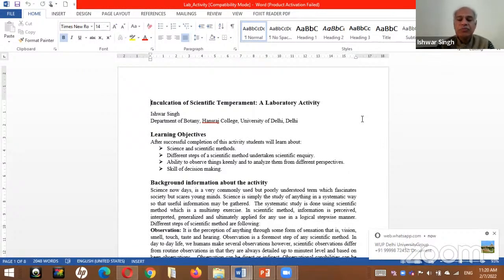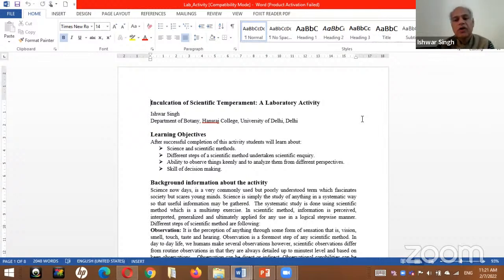And then the most important thing that we discussed last time also, that was the participative method, in which ultimately the skill of decision making is improved up to a very good level. So after this exercise also, ultimately the students would be able to have a good decision making skill.